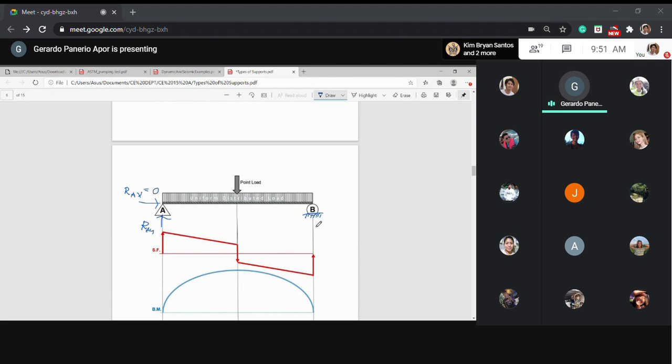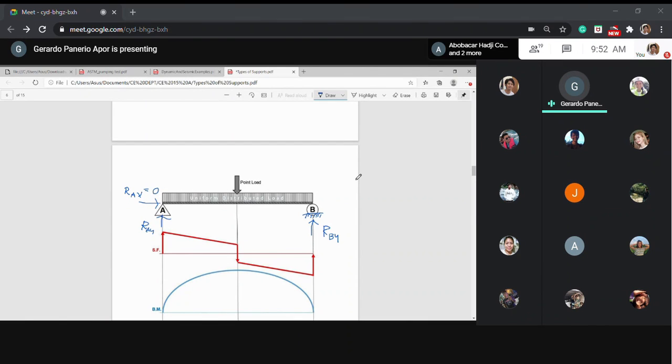But RBY, yes, there is RBY. Even though it has three reactions, to simplify we remove RX from the picture, so that we only have two unknowns instead of three.